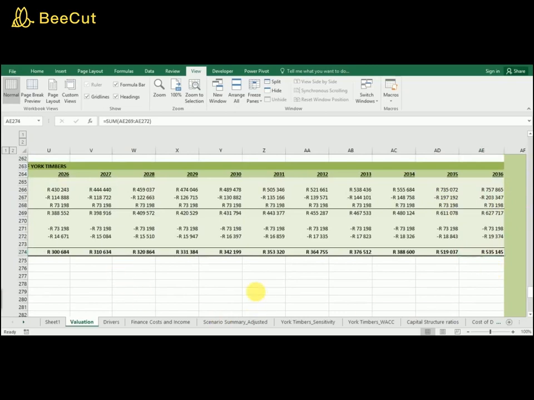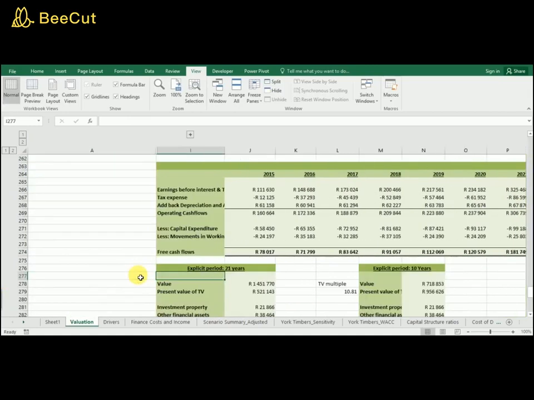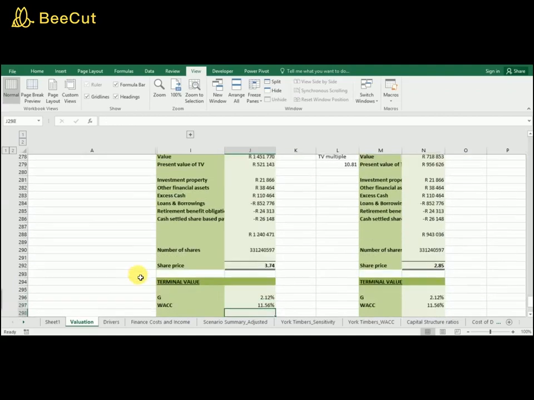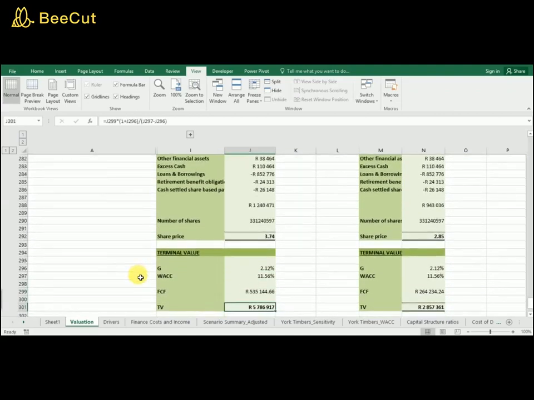And then I use this amount to determine my terminal value. So what do I do? I've got to increase my final year by one year's constant growth of 2.21%, and then I divide by my WACC minus g.